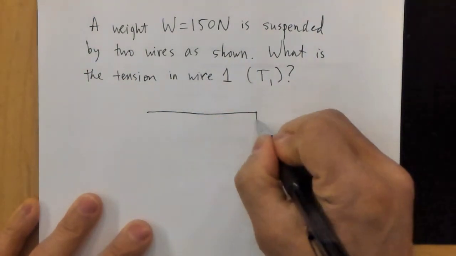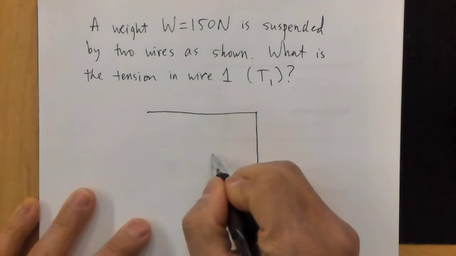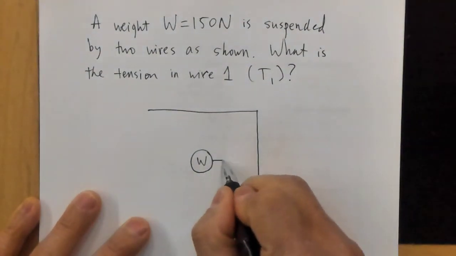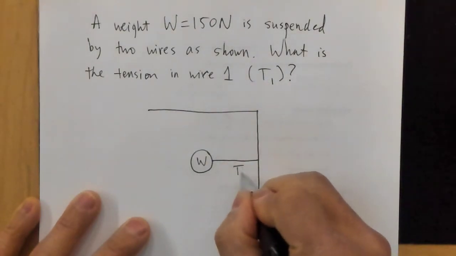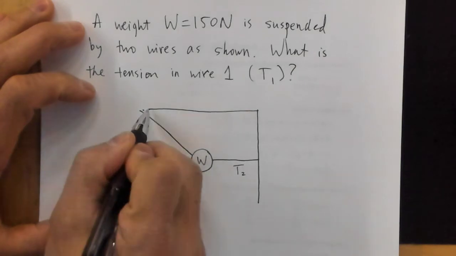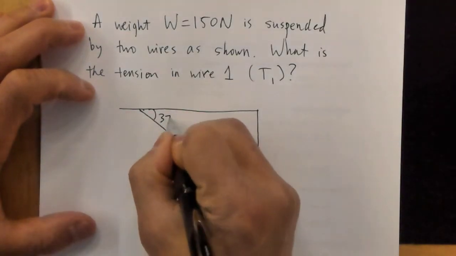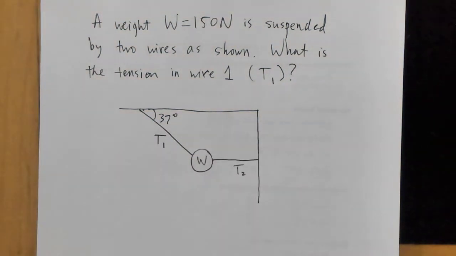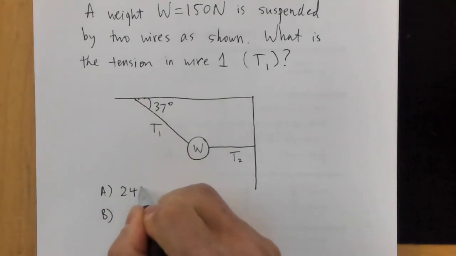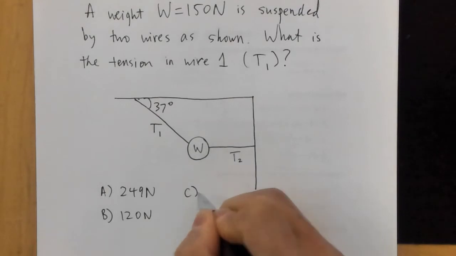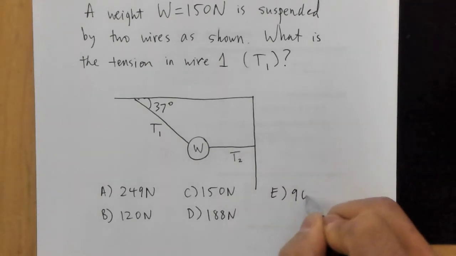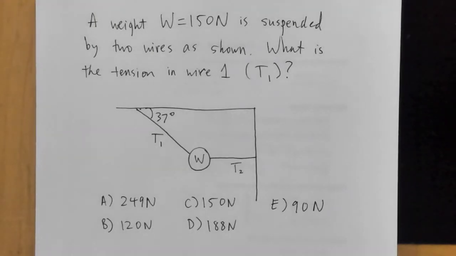So this is supposed to be horizontal, this is supposed to be vertical. Okay, so that's the problem. And I will open up the poll.